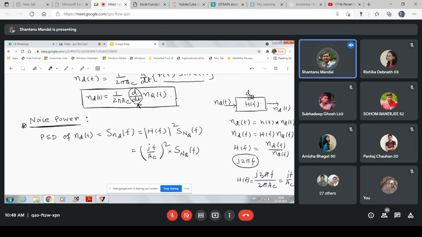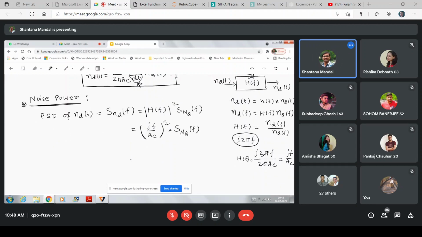Now this is equal to f square by A_c square into S_NQ(f).